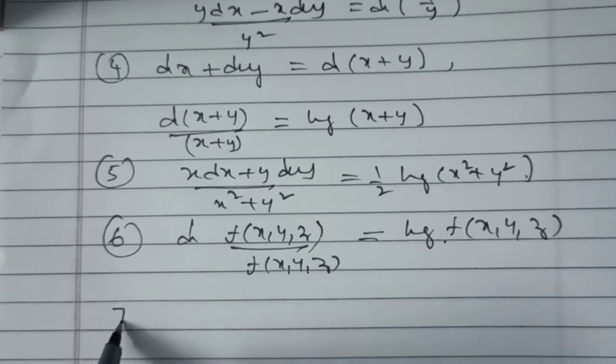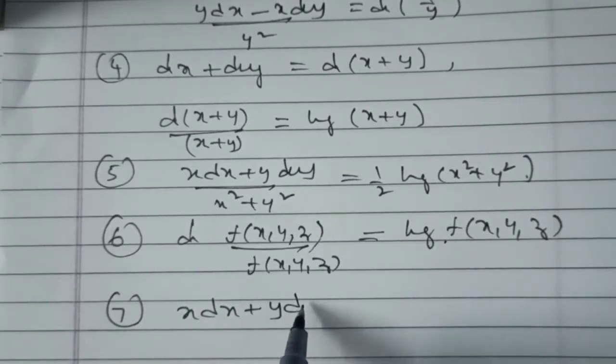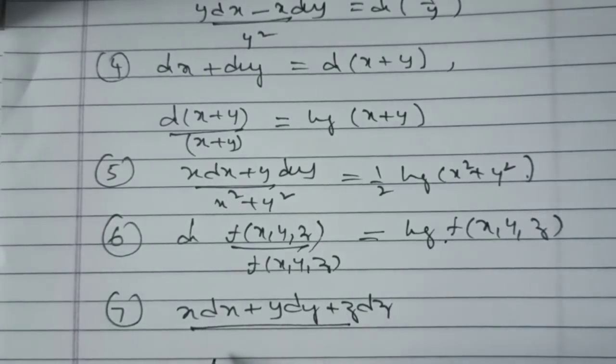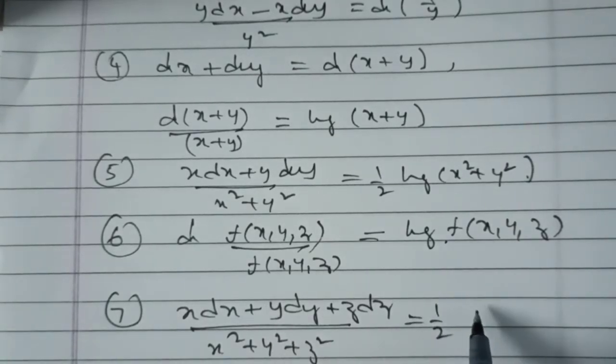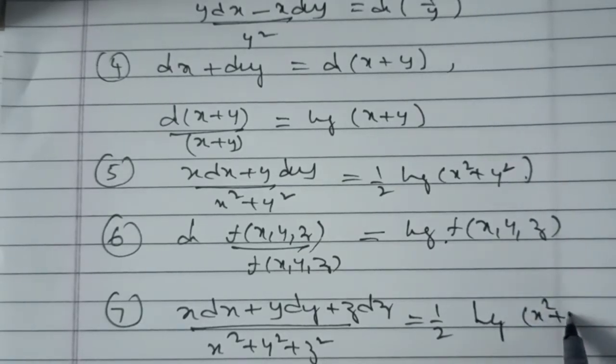Next, seventh one, x dx plus y dy plus z dz whole divided by x square plus y square plus z square is equal to 1 by 2 into log of x square plus y square plus z square.